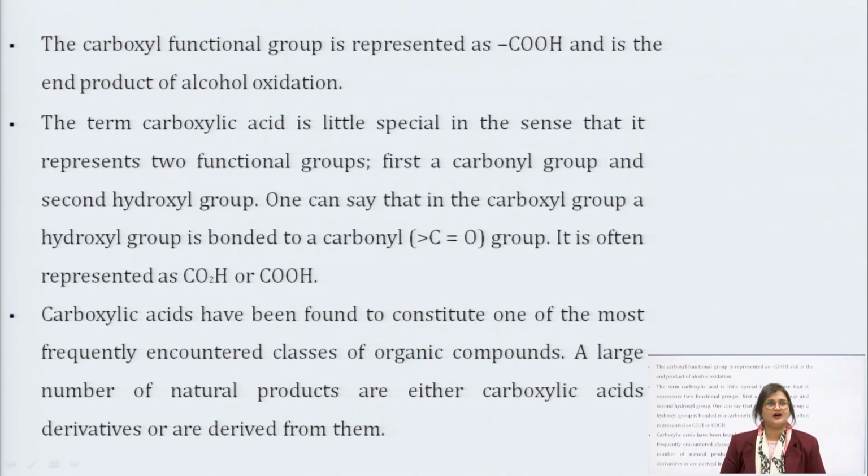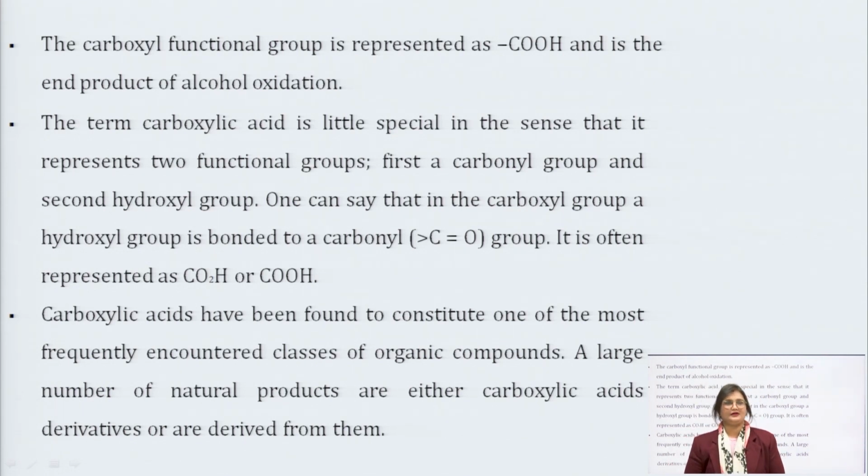The carboxyl functional group is represented as COOH and is the end product of alcohol oxidation. The term carboxylic acid is a little special in the sense that it represents two functional groups, as we have discussed earlier: first, a carbonyl group, and second, a hydroxyl group. One can say that in the carboxyl group, a hydroxyl group is bonded to a carbonyl group.